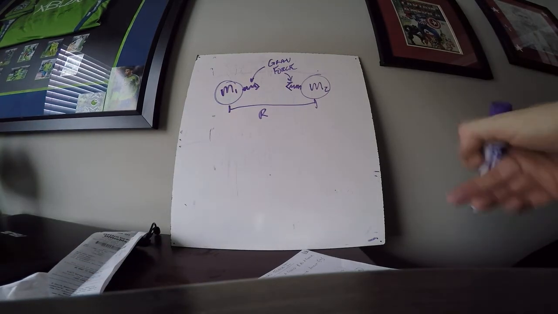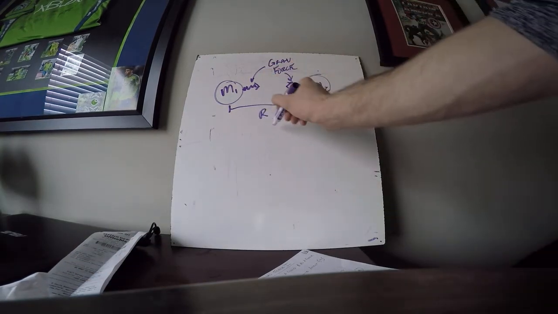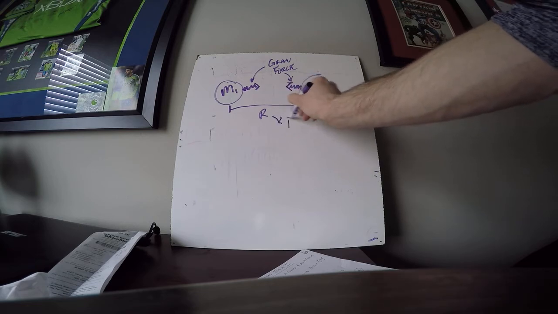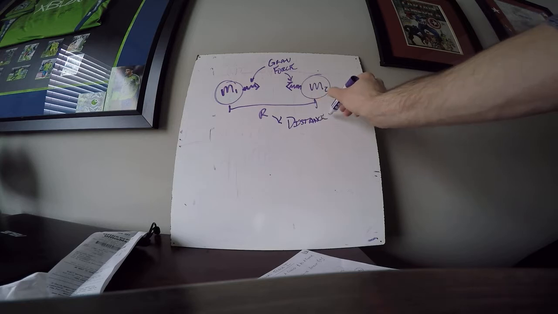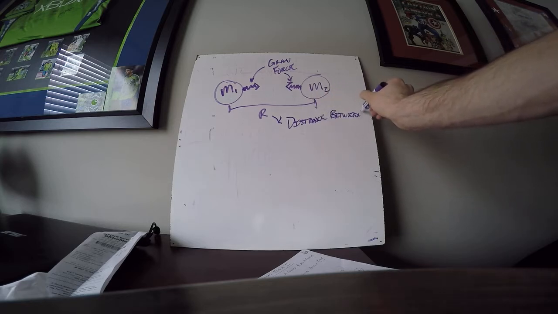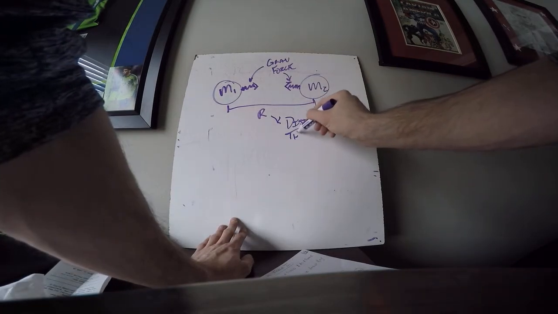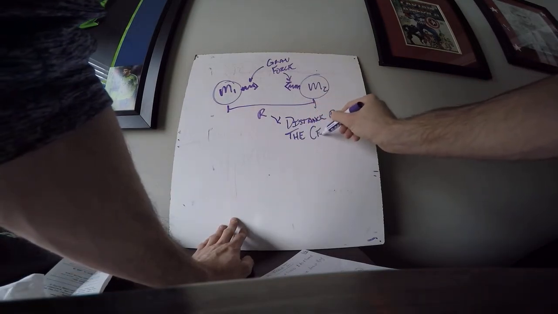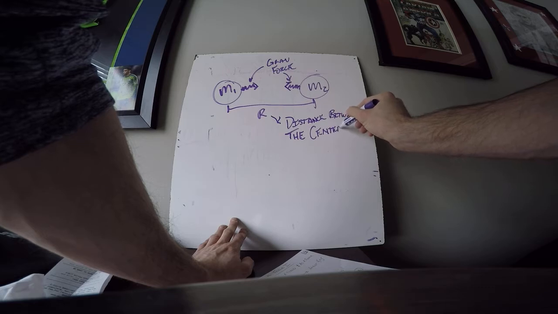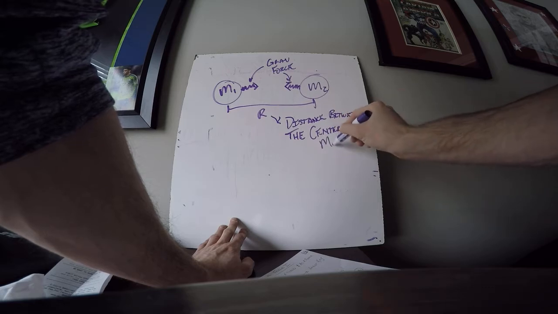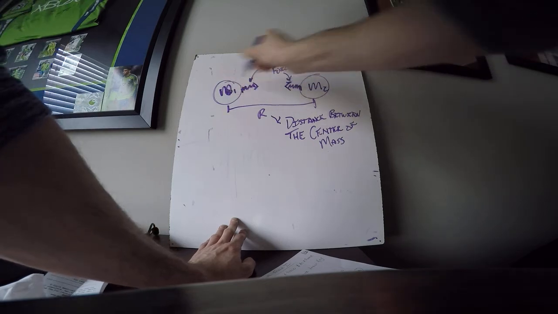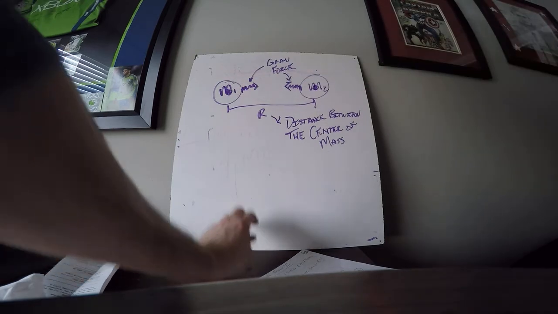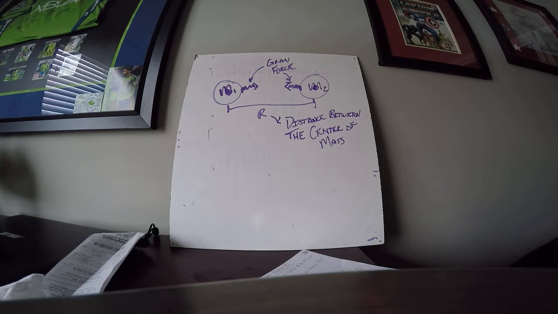And this distance is the distance between the centers of mass, so not edge to edge, but the center of mass 1 and the center of mass 2. That's where the radius is that we're talking about.